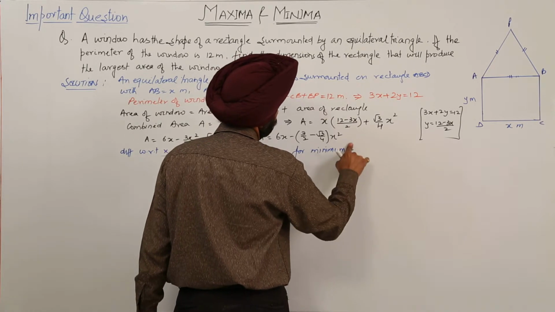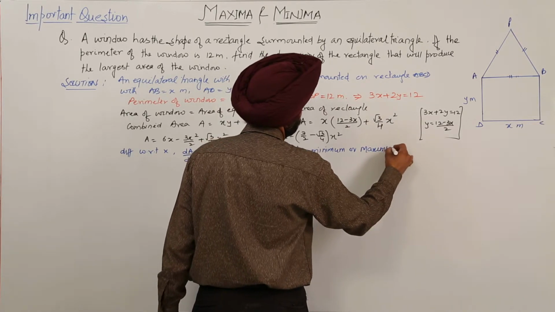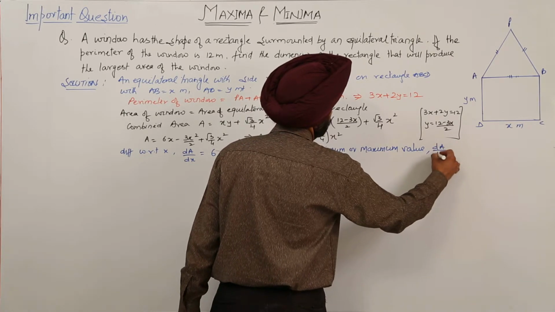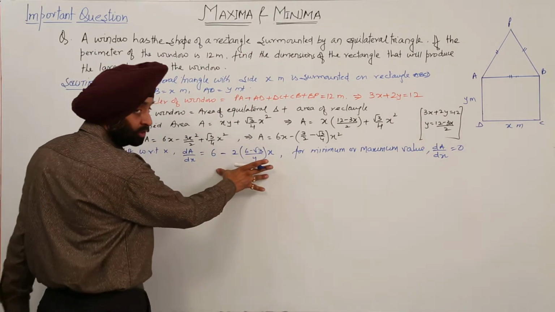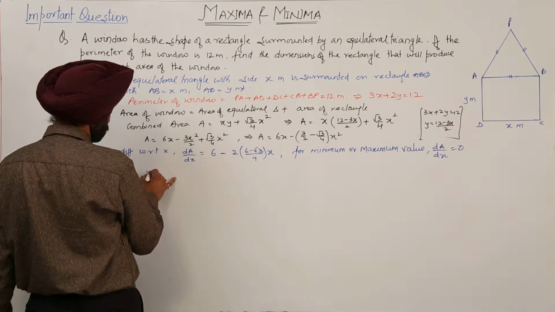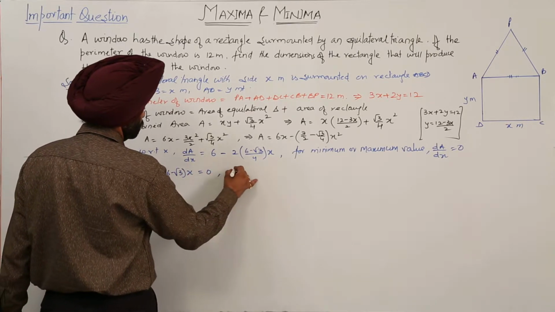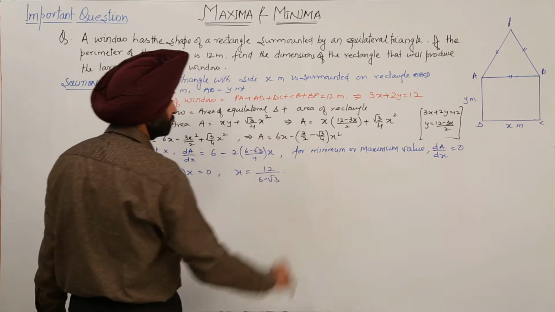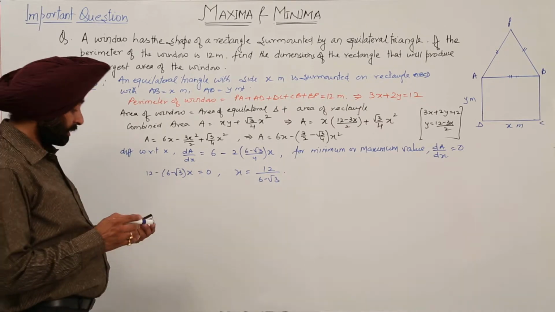For minimum or maximum value, dA by dx is equal to 0. So we write 12 minus 6 minus root 3 times x is equal to 0, or x is equal to 12 upon 6 minus root 3. Is it clear? We got x from the derivative of the first part.